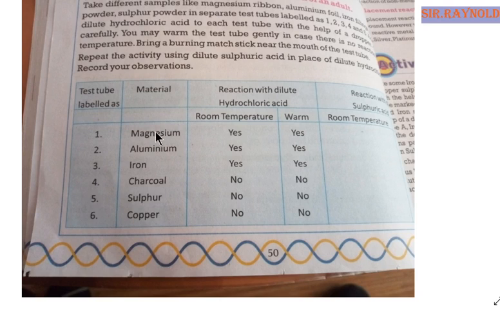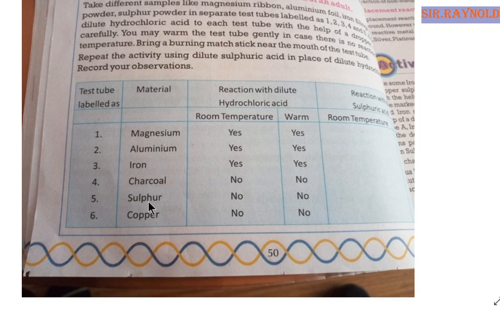You'll find that some of these metals and non-metals do react with acid, just like here aluminum reacts with acid, iron reacts with acid, both at room temperature and warm. But copper, which is also a metal, does not react with hydrochloric acid.